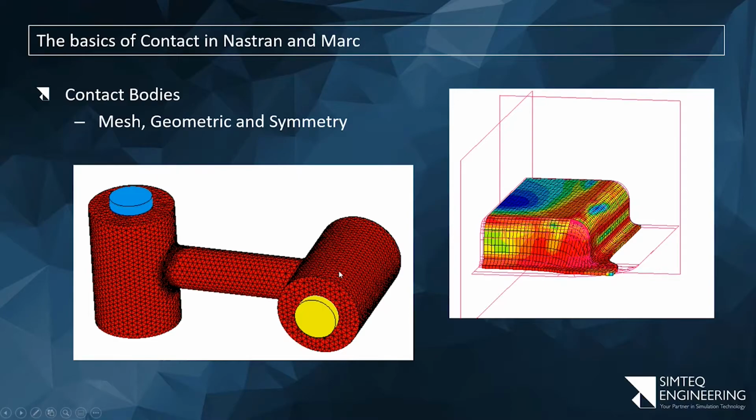Now let's find the outside faces, because that's the only location where it can make contact. So it will find everything that you see in there, and if we hide those two, you'll also see that those inside faces are selected. But none of these elements towards the inside there can make contact. It's only the outside faces. So that's the purpose of a contact body. Now, a more general term would probably have been contact list of elements or something.